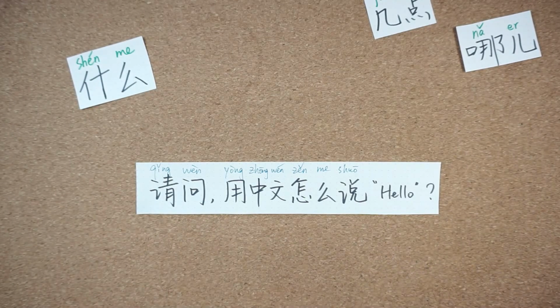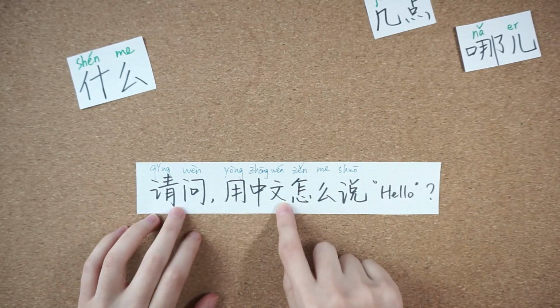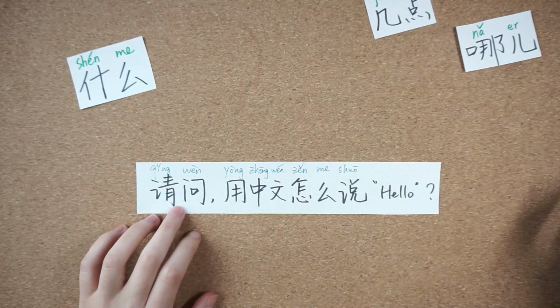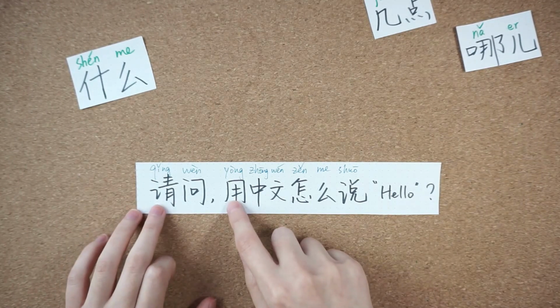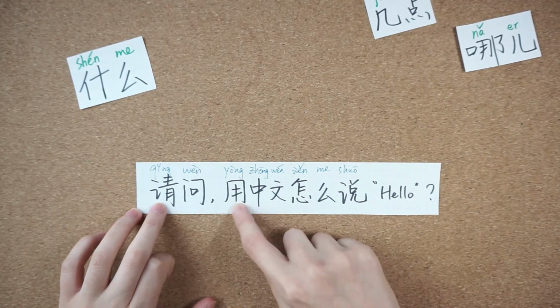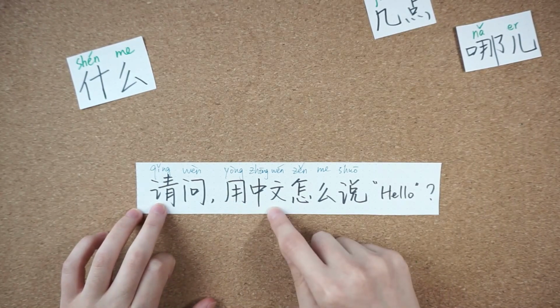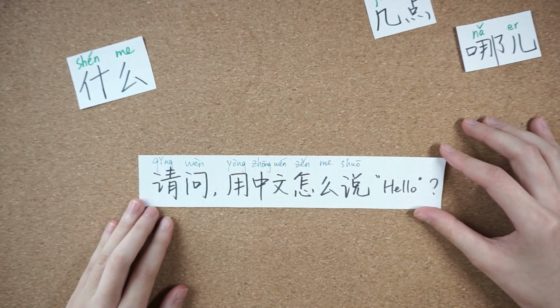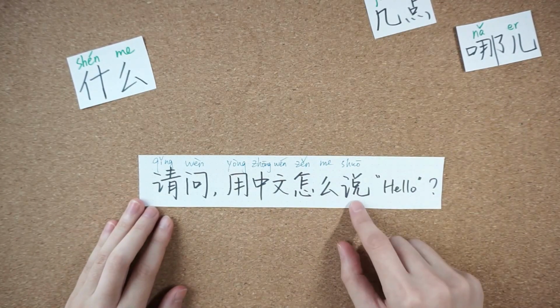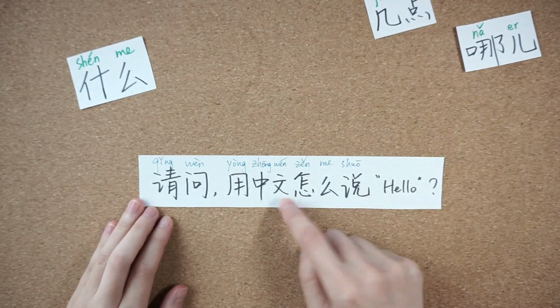Remember this, in Chinese, we say 用中文 to express in Chinese because we consider language as a tool. 用 to use something, to use Chinese. You can use the sentence to ask your Chinese teacher or your Chinese friends how to say something in Chinese.